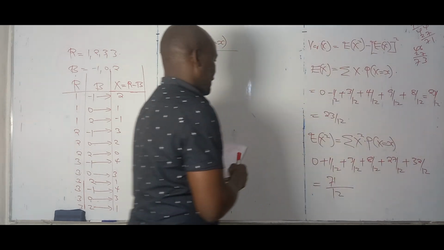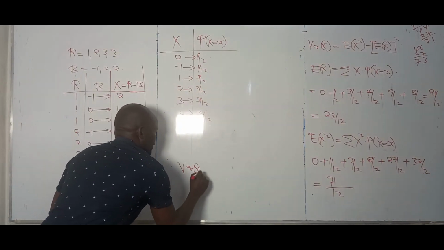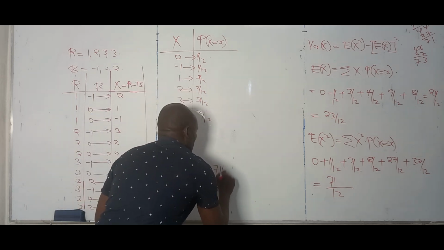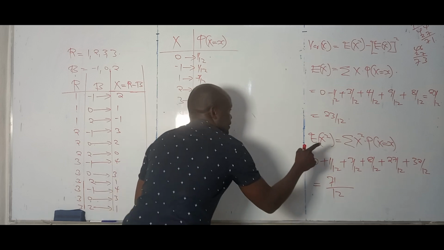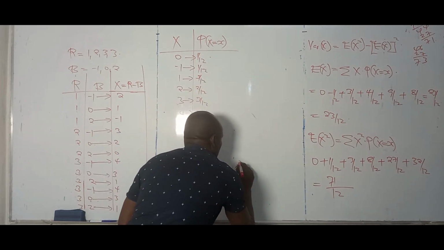Therefore, the variance of x as required is 71 over 12 minus 23 over 12 squared.